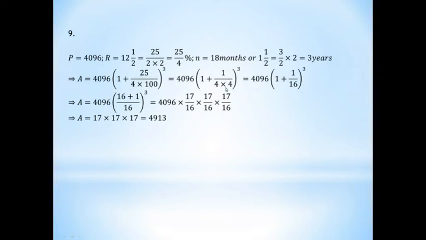That will become 1 by 4 into 4, that is 4096 into 1 plus 1 by 16 to the power 3. Then the amount is equal to 4096 into, after taking 16 as the LCM, 16 plus 1 at the numerator, which is 17 by 16, 17 by 16, and 17 by 16.